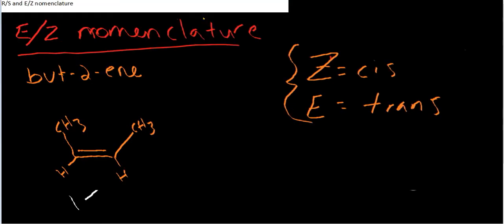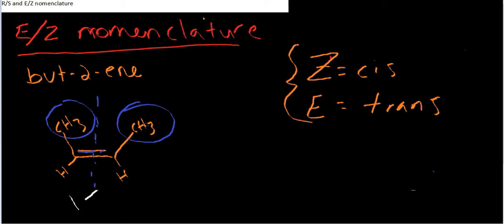Because my relative priority groups based off atomic number, which are CH3 and CH3, are on the same side of the double bond, you can draw a dotted line down here for symmetry and see that it's symmetrical.